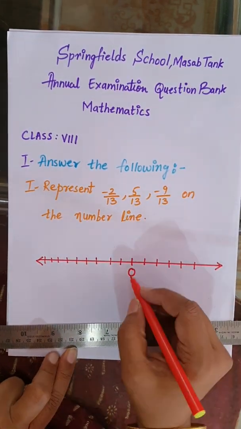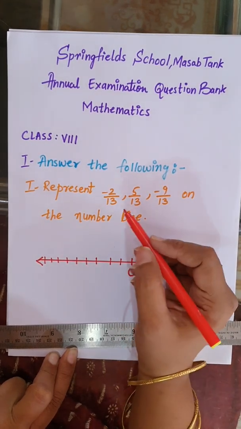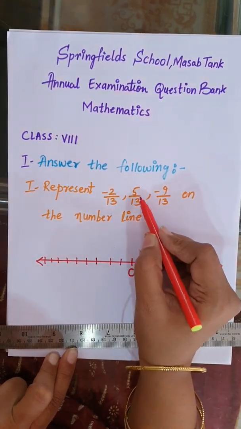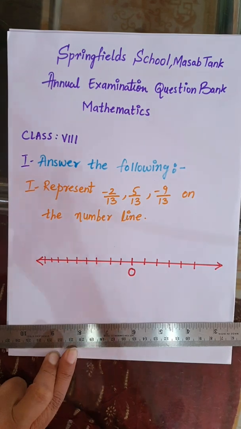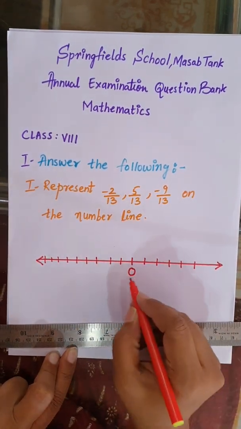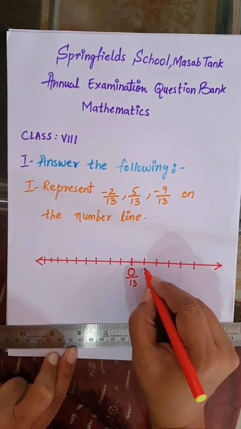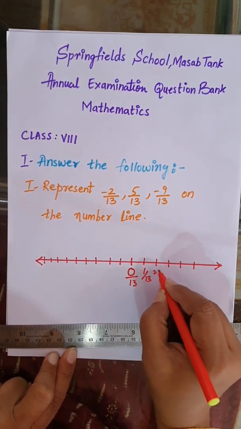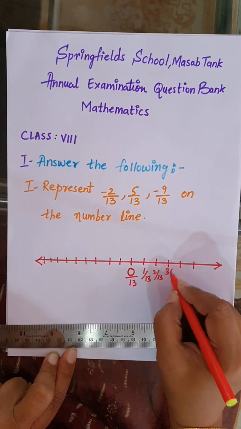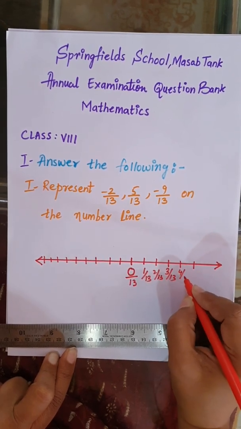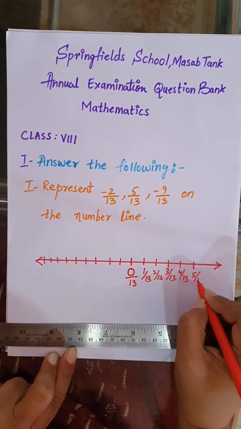So this one is 0. We have to represent minus 2 by 13, 5 by 13, minus 9 by 13 on the number line. So this center will be 0 by 13. And on the right side you have 1 by 13, 2 by 13, 3 by 13, 4 by 13 and 5 by 13.